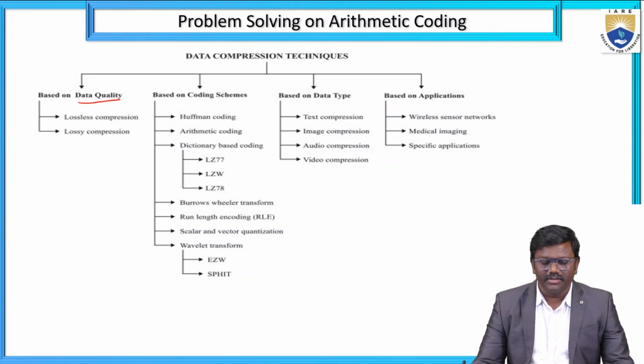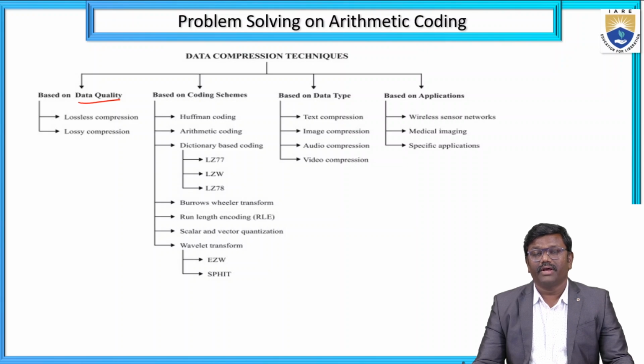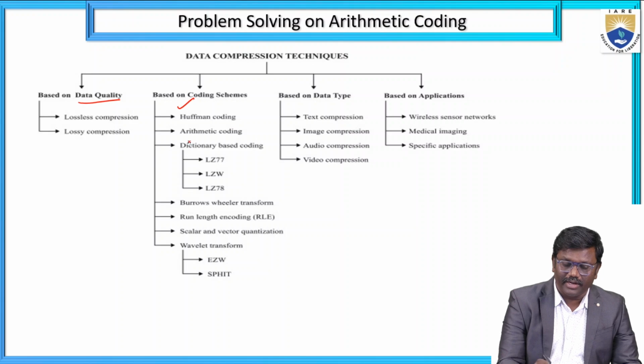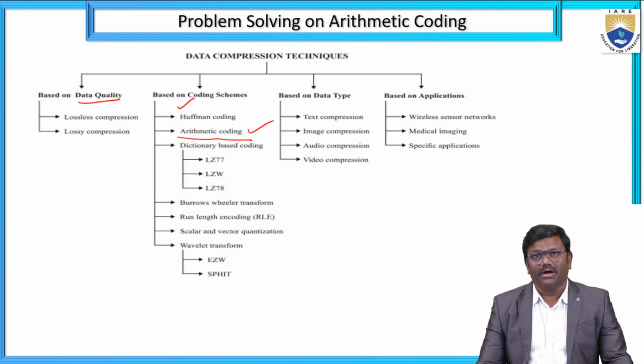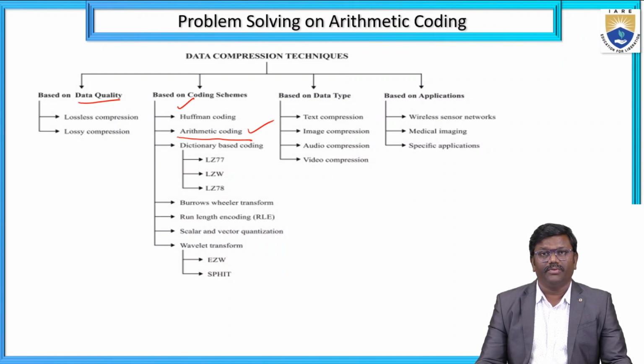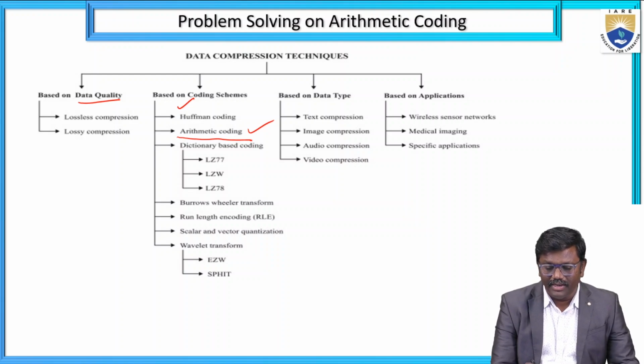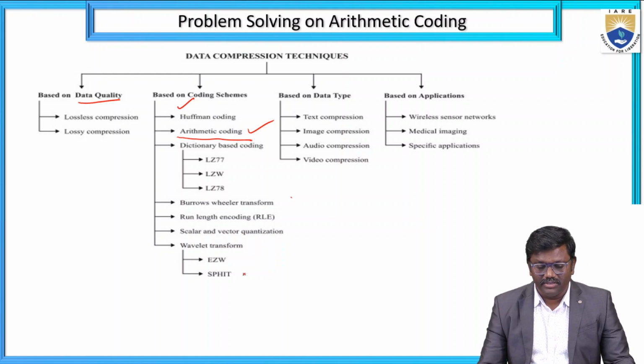Whereas based on the coding schemes, number one is Huffman coding and arithmetic coding, which we are concentrating on today. Then dictionary based coding, that is LZ77, LZW, LZ78, or the Burrows-Wheeler transform, run length encoding, scalar and vector quantization, and wavelet transformation, EZW, SPIHT.